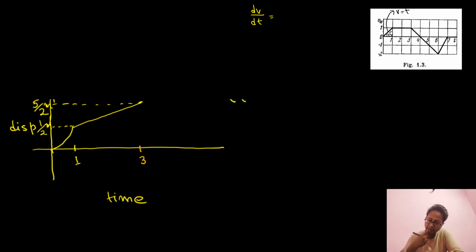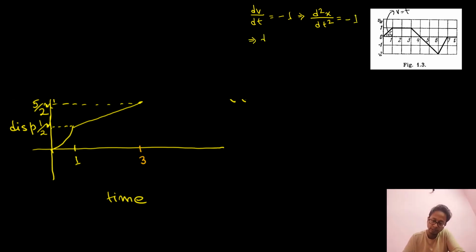So out here, dv by dt is equal to the slope, which is equal to -1. If dv by dt is equal to -1, then d square x by dt square, the double differentiation of displacement, is equal to -1.